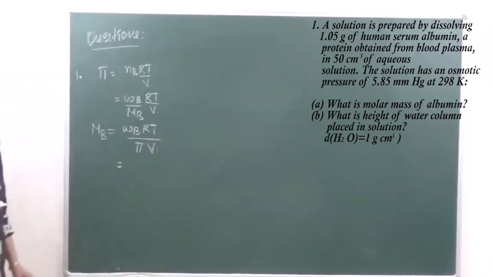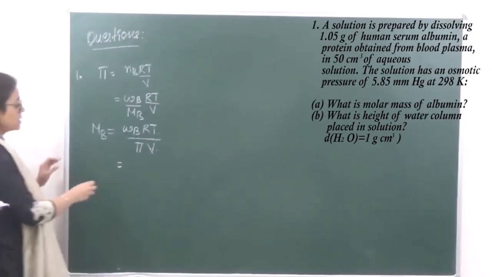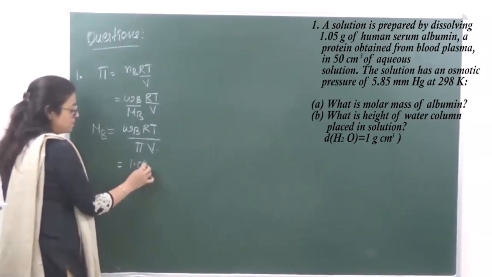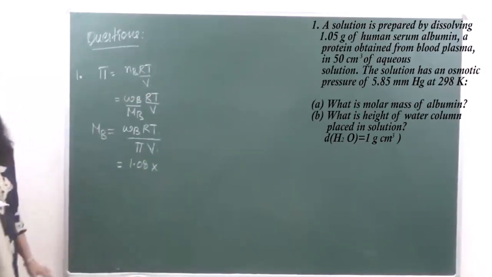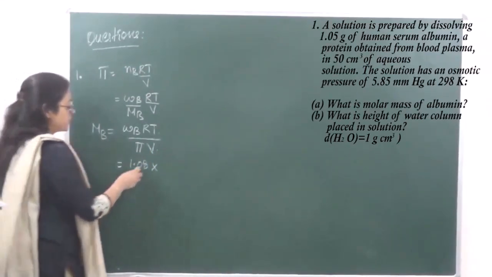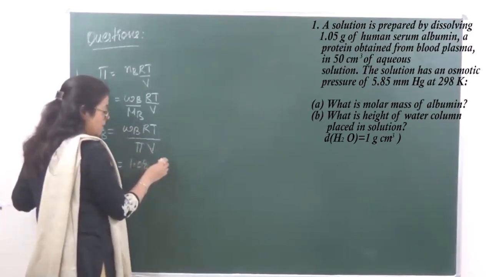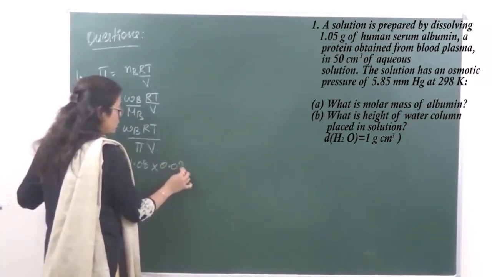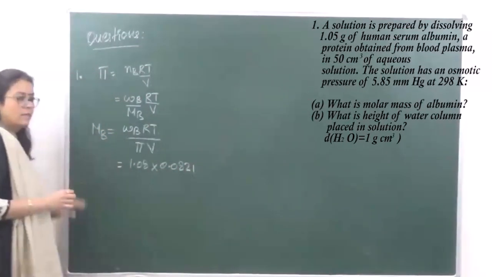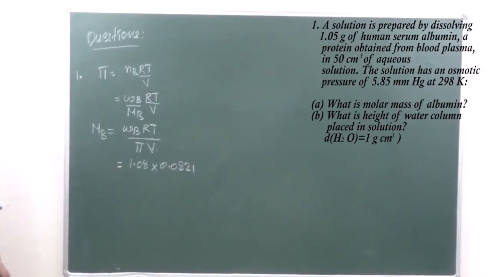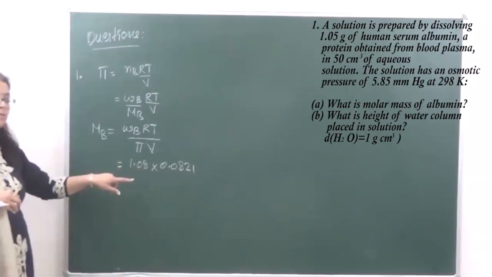Over here in the question, WB given to us is 1.08. The value of R which will be taken is 0.082 liter atm, because volume is given to us in liters. Why have we taken this? Because the osmotic pressure is given to us in mm, so we have to first convert osmotic pressure to atmosphere.